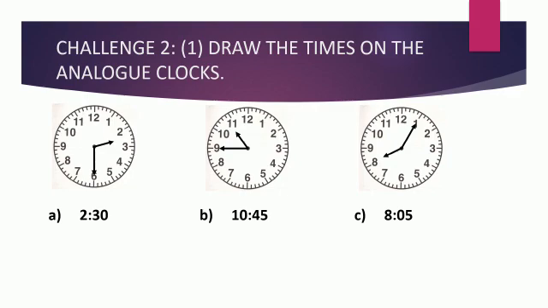On 1 there will be 5 minutes, on 2 there will be 10 minutes, on 3 there will be 15 minutes. Like this you will count. It is counting by 5s. So for the time 8:05, you will draw small hand on 8 and the long hand on 1. So students, you will draw like this for challenge 2.